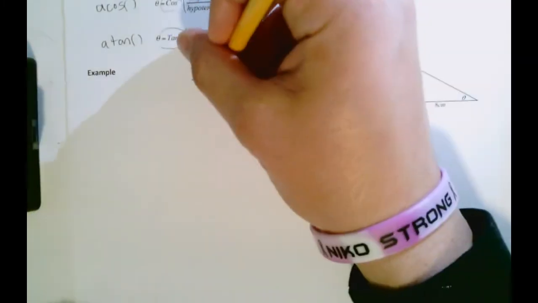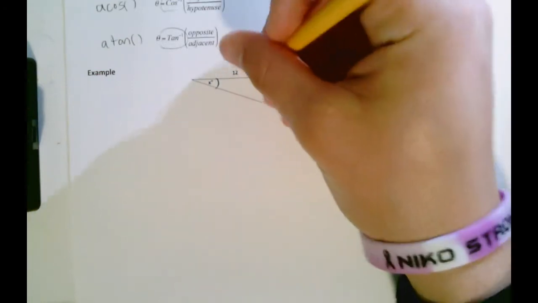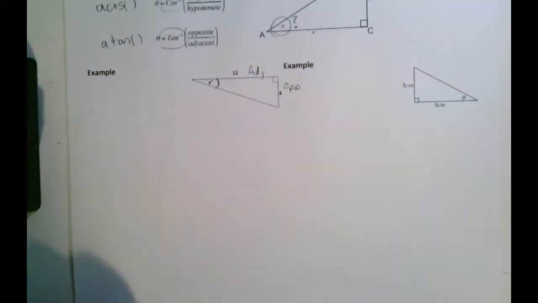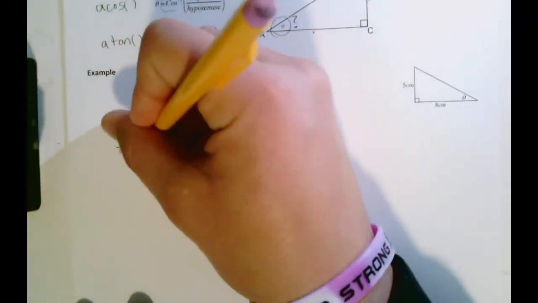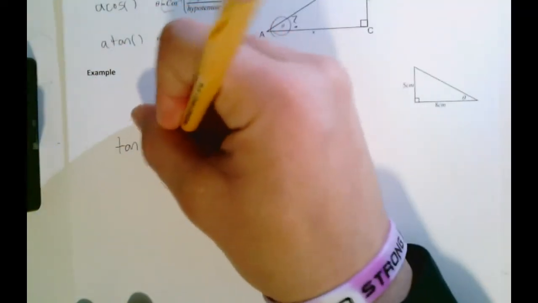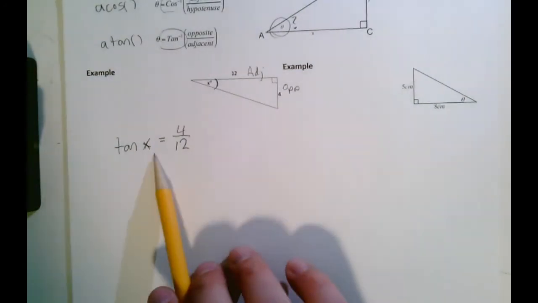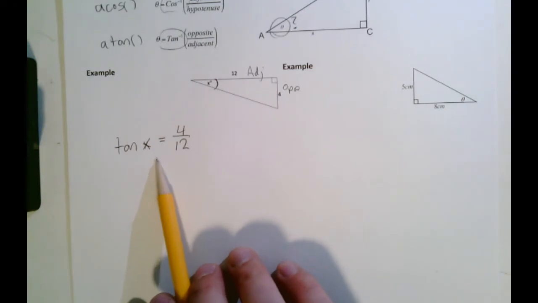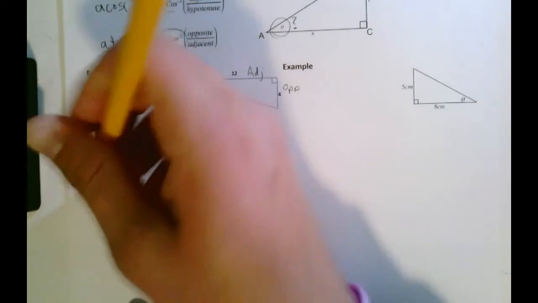So let's look at 2 examples. If you notice here, I'm missing the angle x. I have opposite and I have adjacent. So for this example I'm using tangent, and I have tan x is equal to 4 over 12. There's no need to simplify the fraction because this is going in the calculator anyway. If I'm missing the angle, what I'm really going to do is the tan inverse to find that angle measure.